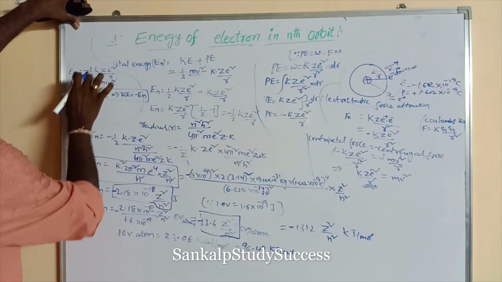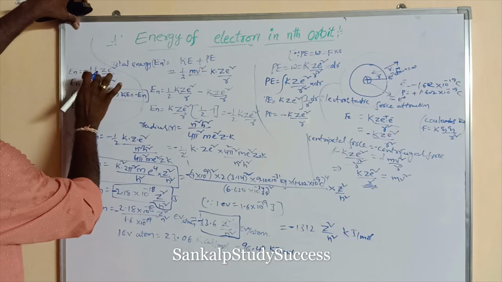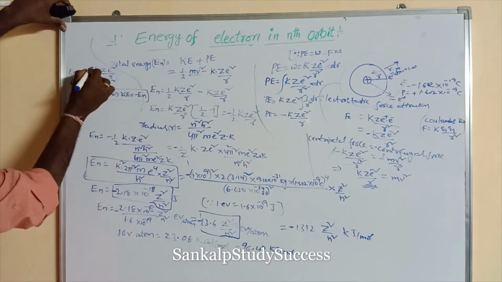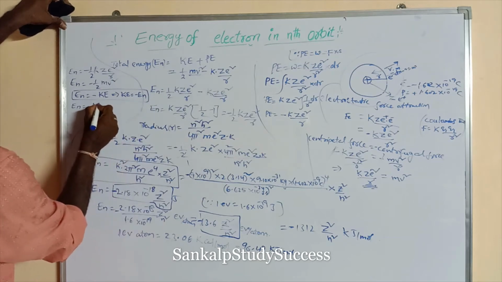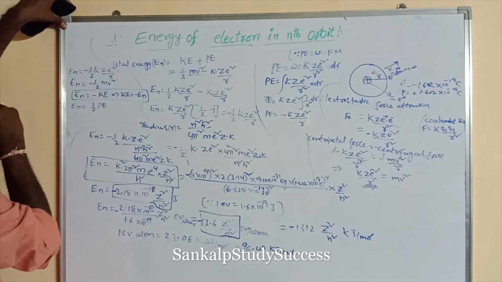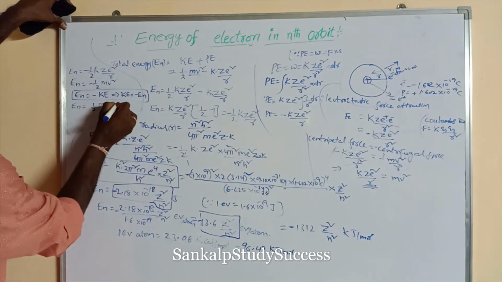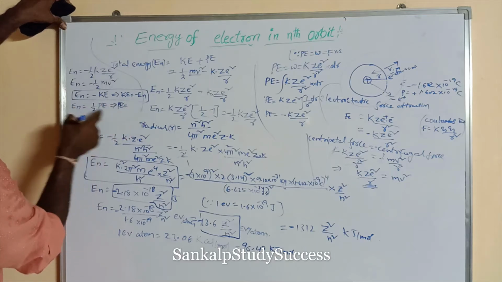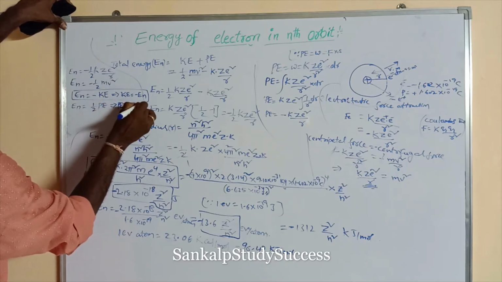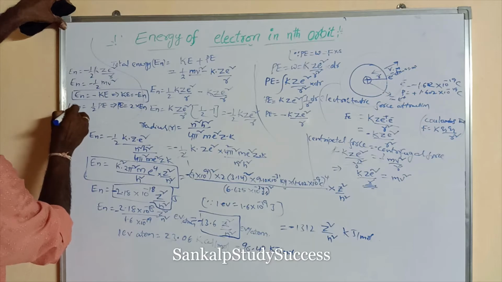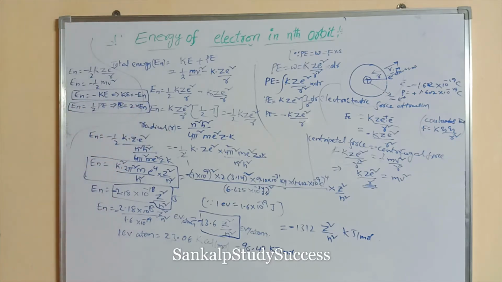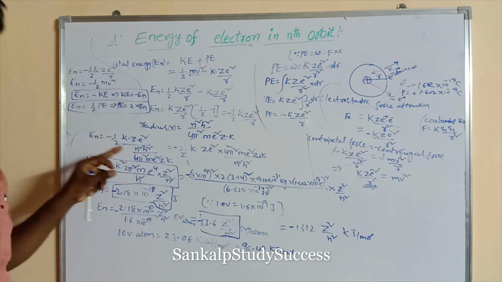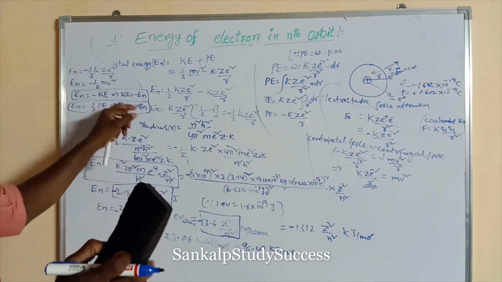That is, minus kZe square by r is equal to potential energy PE. Therefore, potential energy PE is equal to 2 into En. So this is another relation between total energy and potential energy.